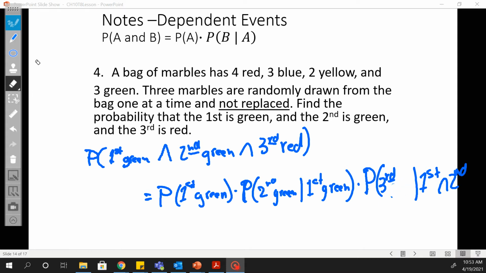The third one is red given that the first one is green and the second one is green.